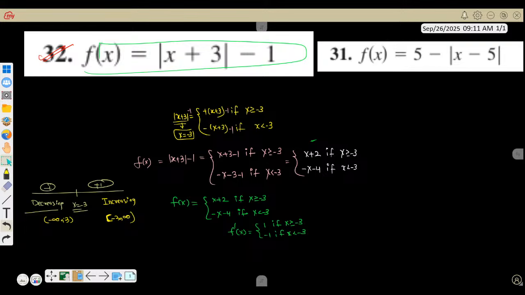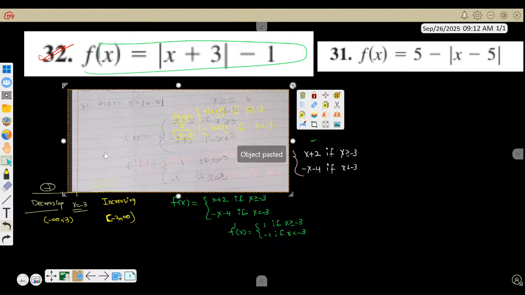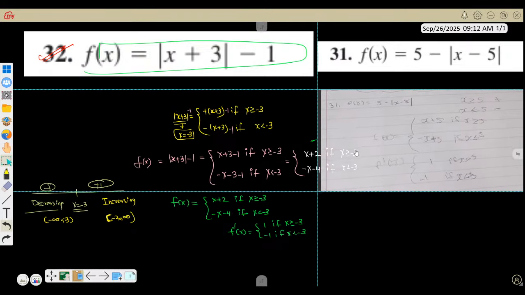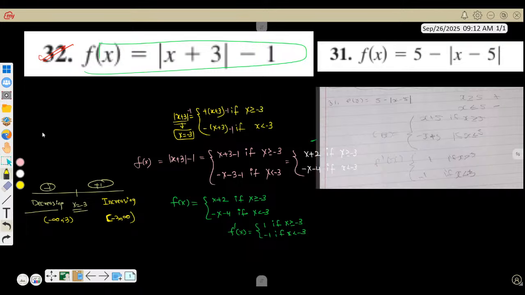Why did you not consider 5? Where is 5? Why did you forget to put 5 here? The function is 5 minus something, so you have to count 5 also. Why are you ignoring 5? Right here, 5.